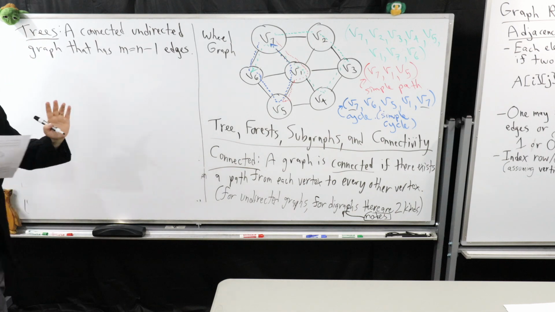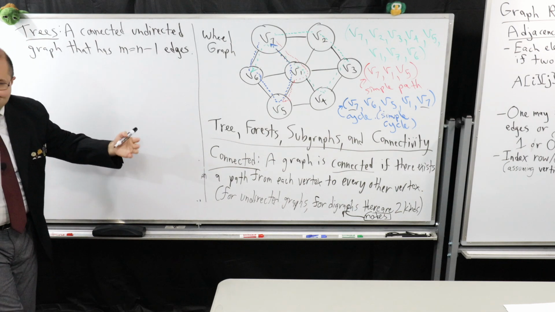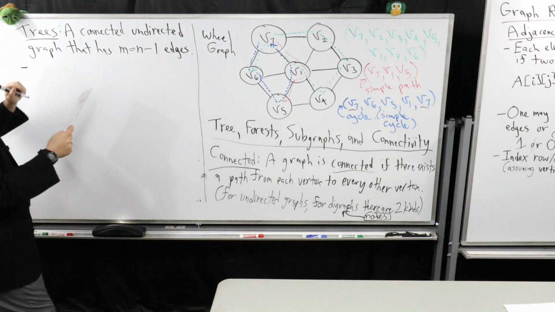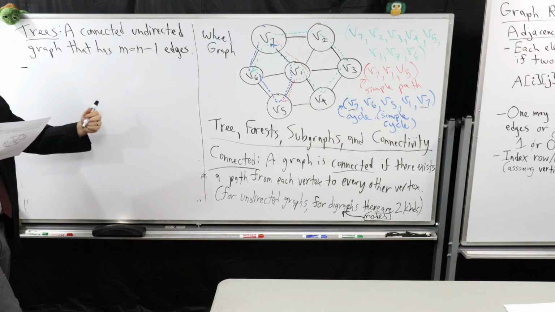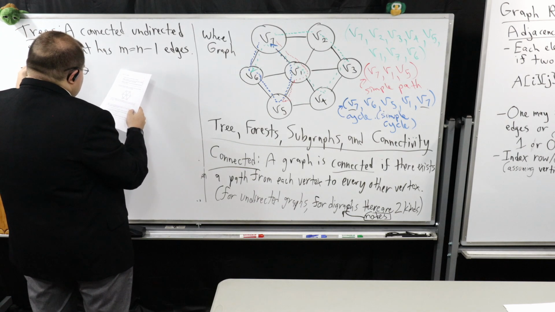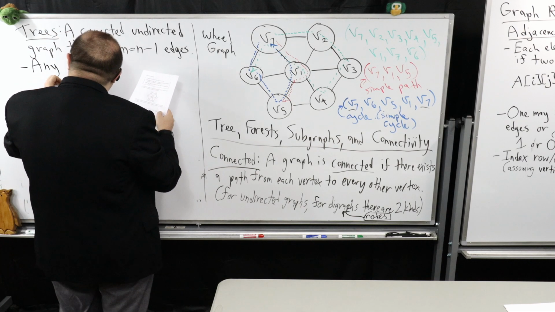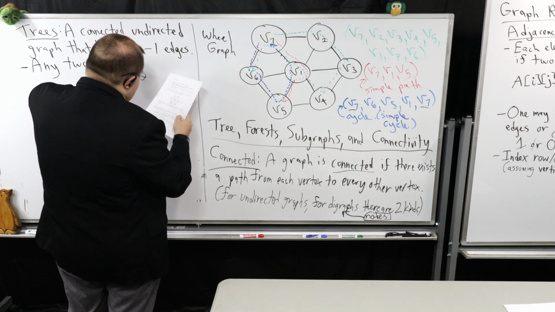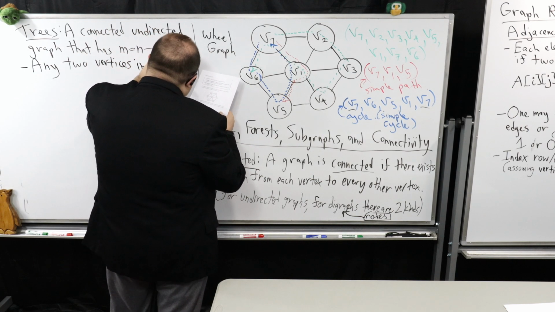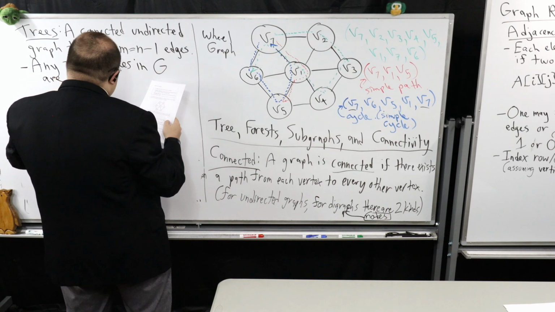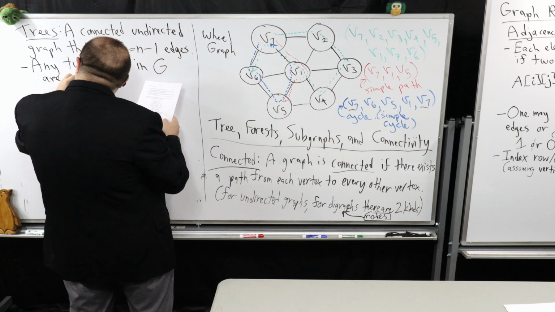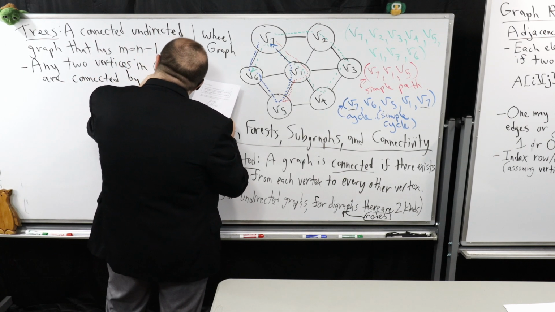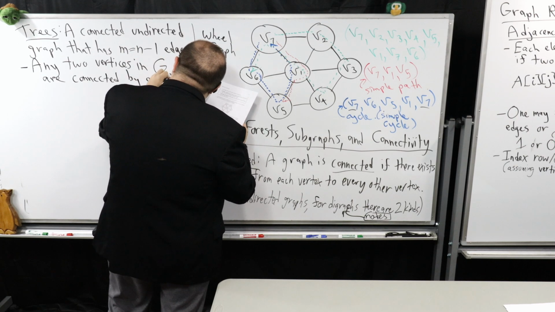Now, the twist here is that there's many different ways of characterizing what a tree is. So things are going to get a little funky here. If you don't like this definition, there are other equivalent definitions. Here is another equivalent way of defining what a tree is: any two vertices in G are connected by a unique simple path.